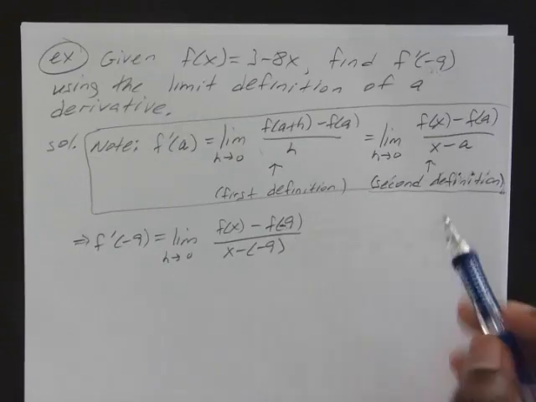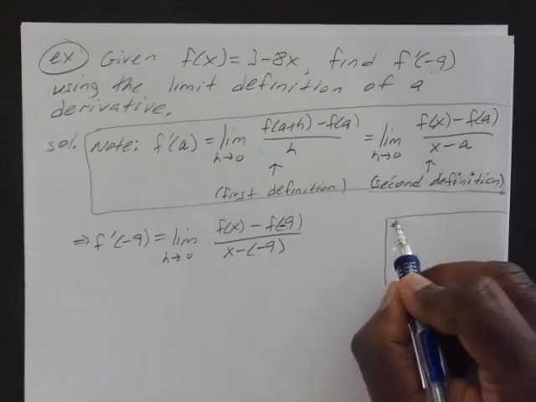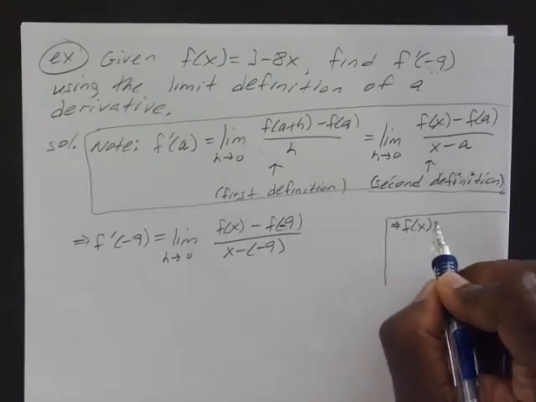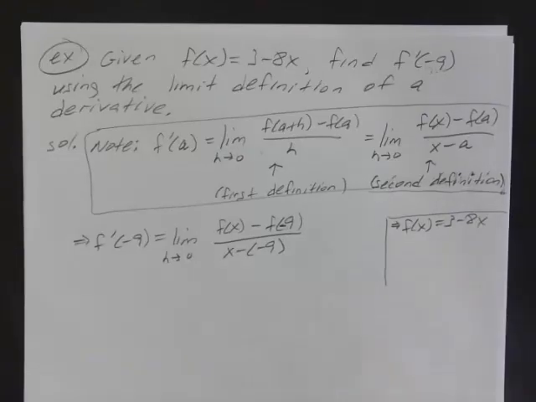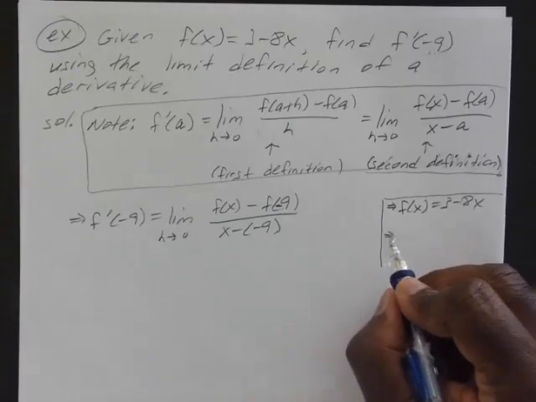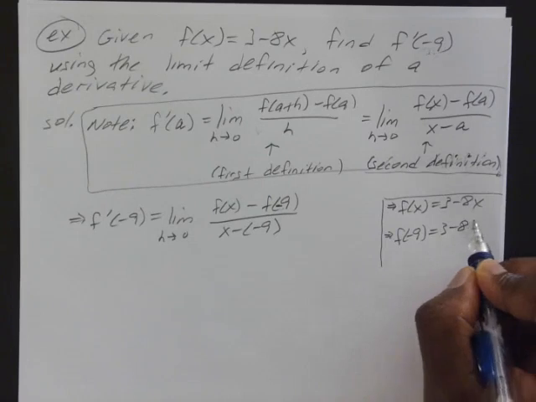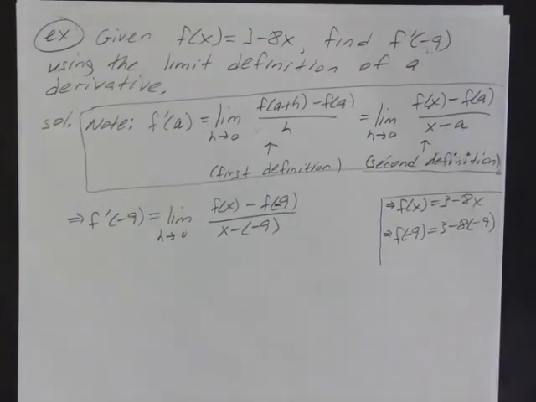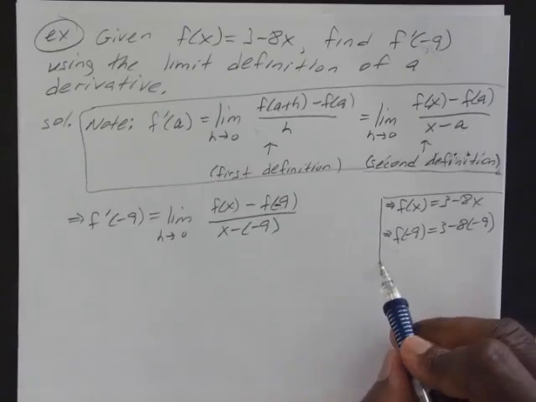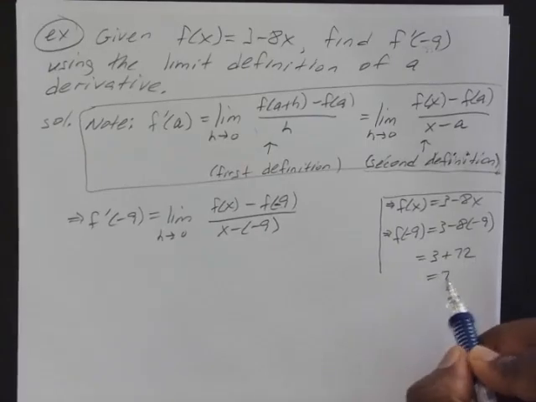Okay. Well, finding f of -9 is not too bad, because if f of x is 3 minus 8x, we know that f of -9 is 3 minus 8 times -9, which is 3 plus 72, which is 75.